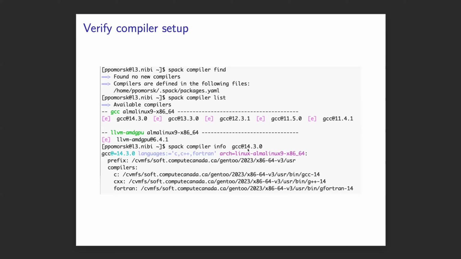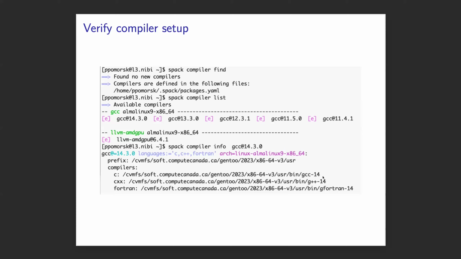I can look at GCC 14.3.0, and this tells me that this is indeed the one which is defined in CVMFS. Now, I might want to tweak this file, because we have many different versions of GCC on our systems. To separate them out, the executable is not named gcc, but it's named gcc-14 in this case.